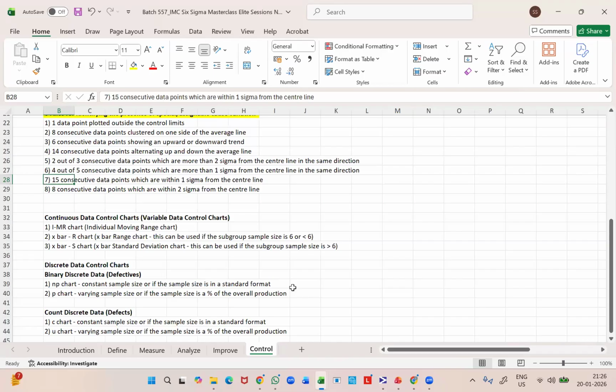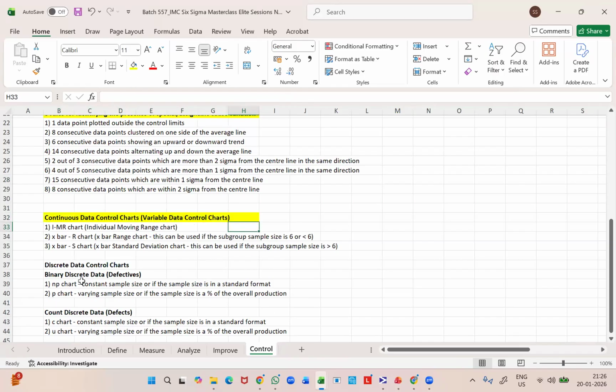In fact, there can be a question on this: the variable control charts will contain plotting of continuous data points, right? So that is the option we need to pick, because the other name for continuous is variable. So continuous data control charts will also be referred to as variable data control charts.